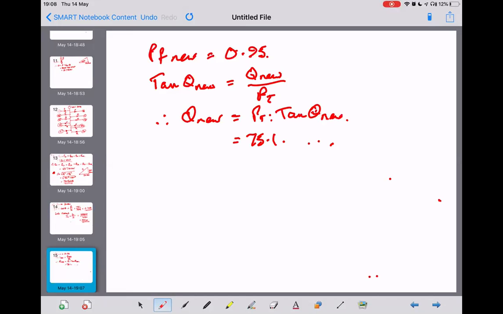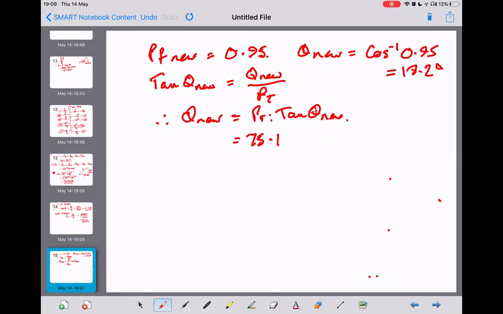For the angle, I did cos to the minus 1 of 0.95, which gave me 18.2 degrees.